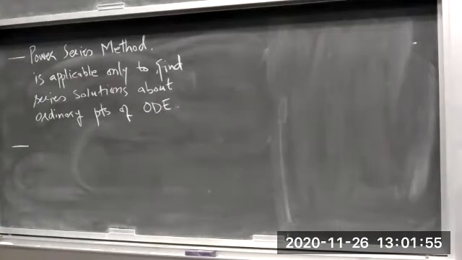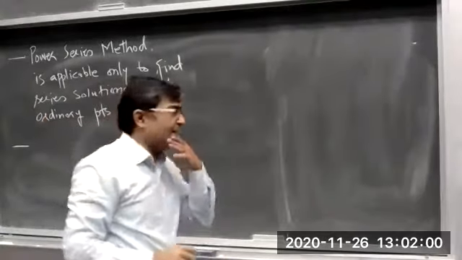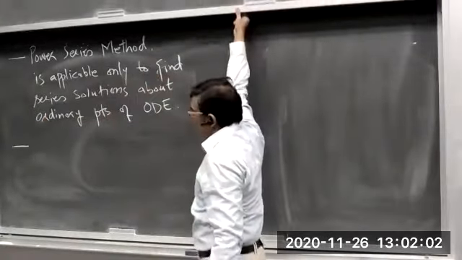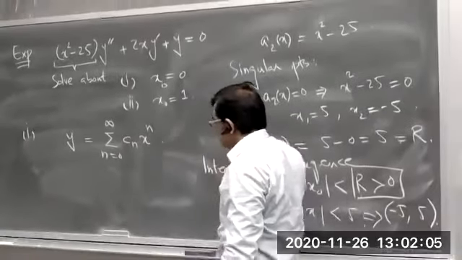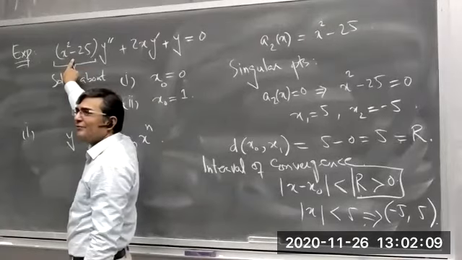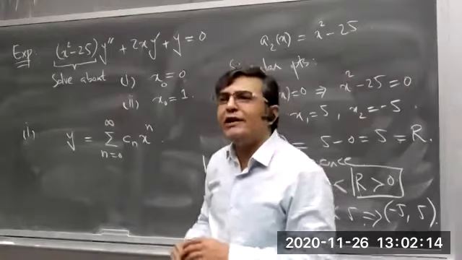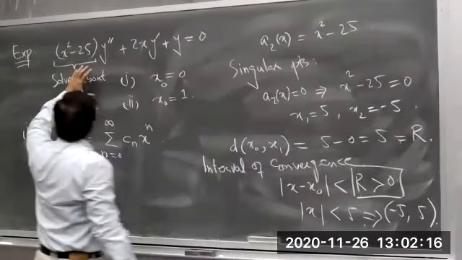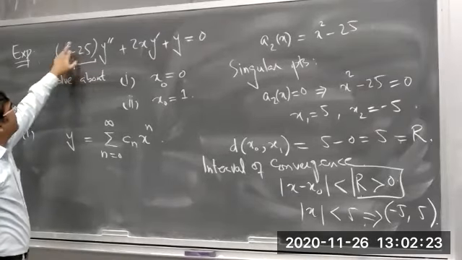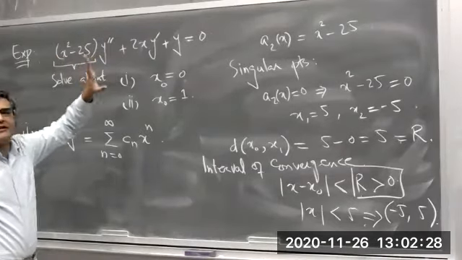Now, in order to find the series solution about the singular points, because in this example, x equal to 5 and x equal to -5 are the singular points of this differential equation. What if we need to find the solution about x equal to 5? When we put x equal to 5 here, this will become 0, and the second order term will be eliminated here.